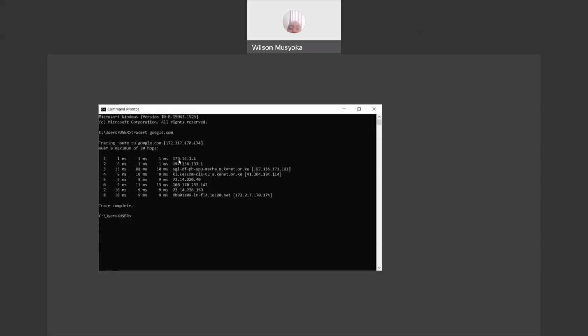whereby we started with maybe this machine's network IP address, which is 172.16.1.1. Then it went to 187, which is a class 3, so a class C. So that means that it is a network within the university as well. So this one is for the local network address.